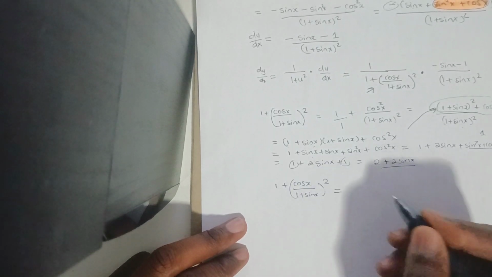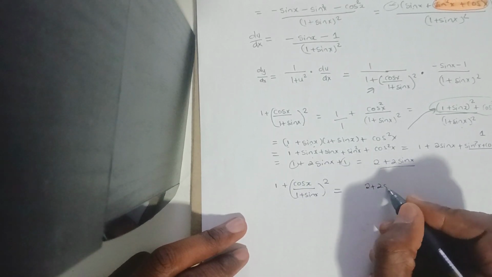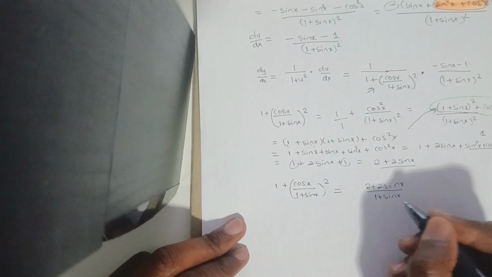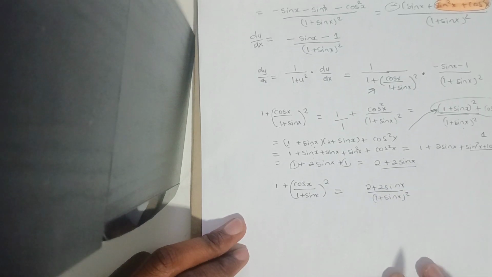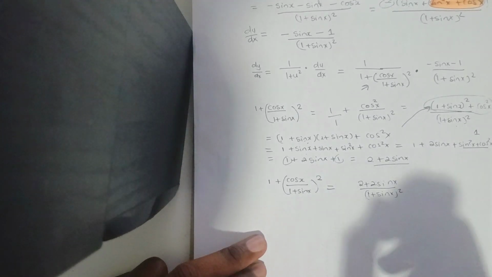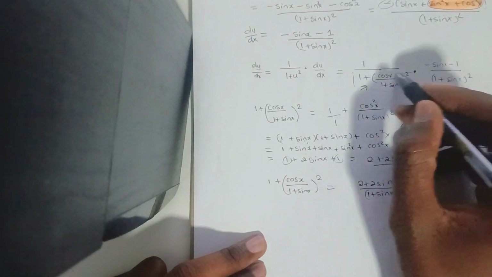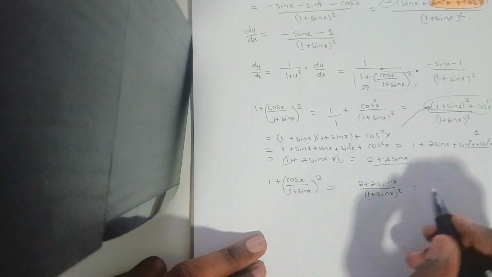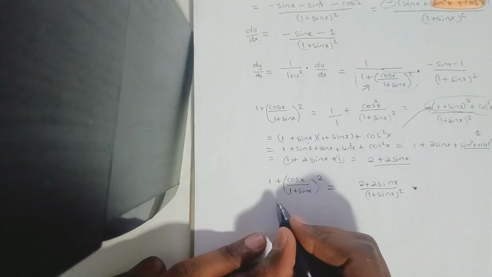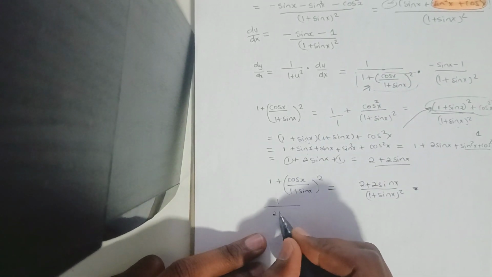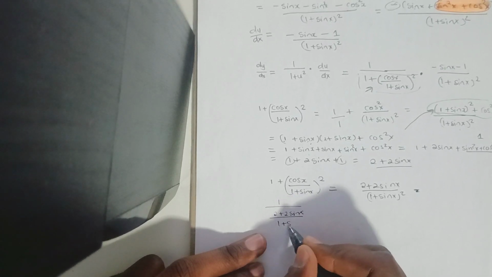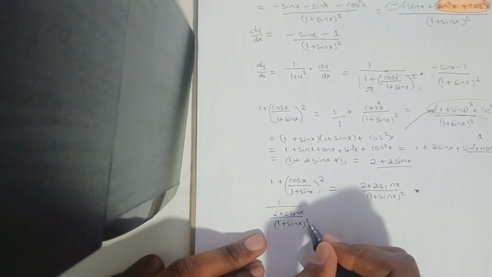That means this is equals to what? 2 plus 2 sine x over 1 plus sine x squared, right? So don't forget that this was here. So we are done solving it. We have to put it here, right? So now when we take it back here, it's going to be 1 over 2 plus 2 sine x over 1 plus sine x squared, right?